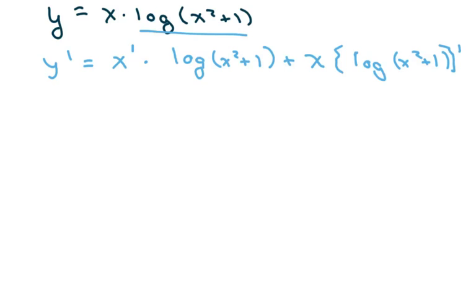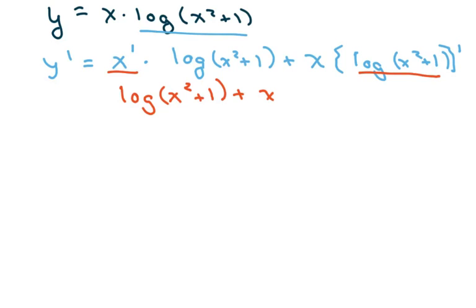So what we end up getting is, the derivative of x is just 1, so we get log of x squared plus 1, and then plus x, and we take the derivative of this.